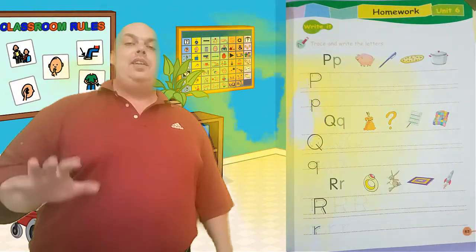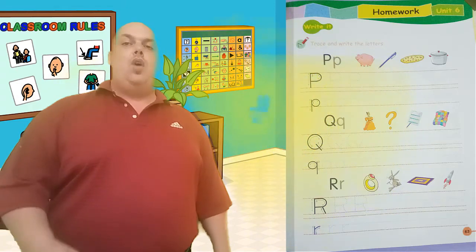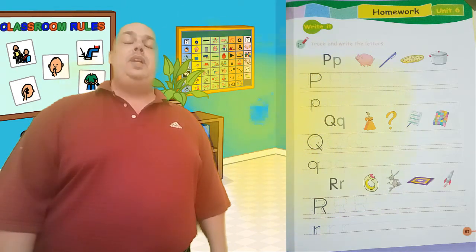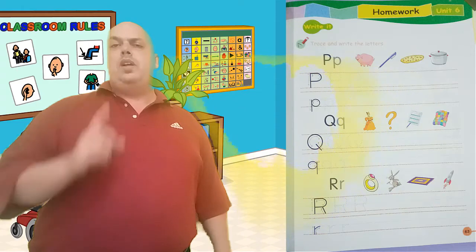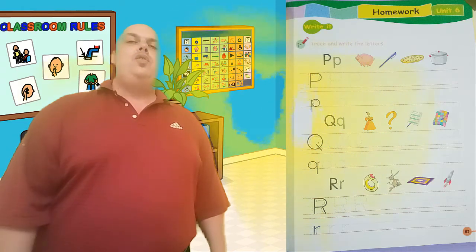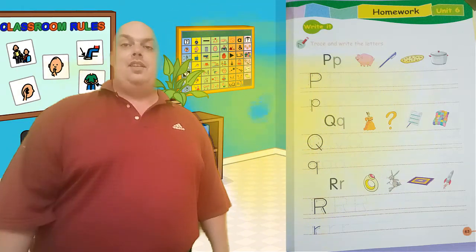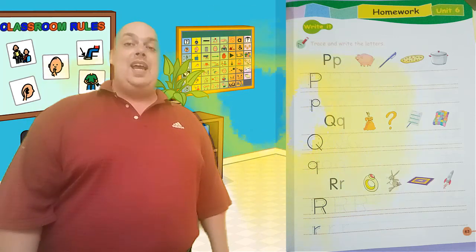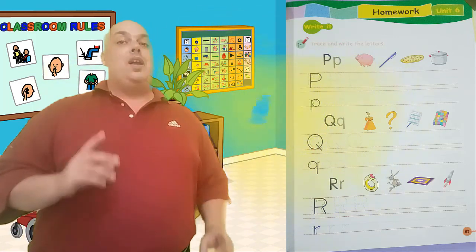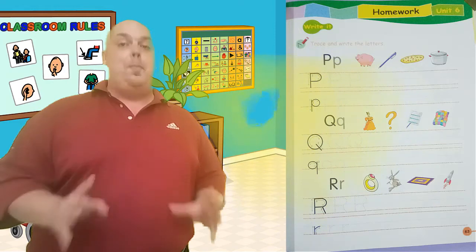Now this page is kind of similar or almost the same as something we did last week. Last week, there was one page where you just had to trace the letters. Now this time, again, you have to trace, but also you have to copy.